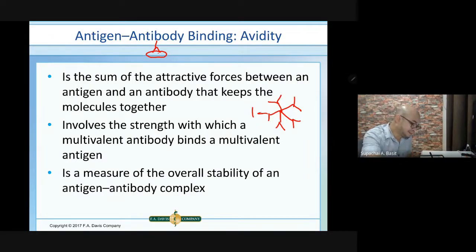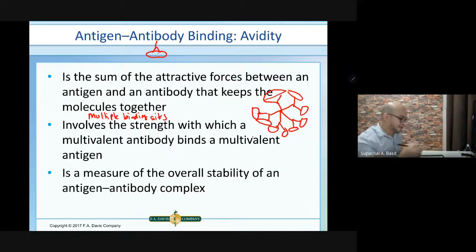So if one antibody binds here, and some antibody binds here, there are multiple binding sites in this particular illustration.